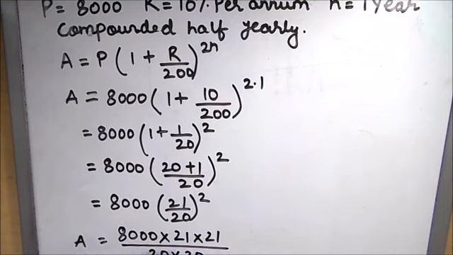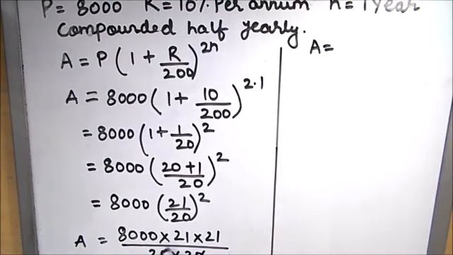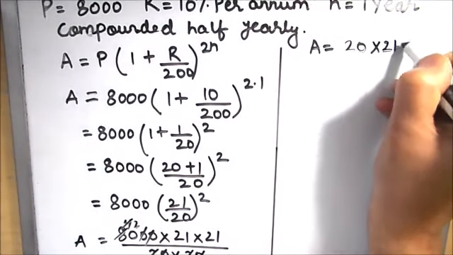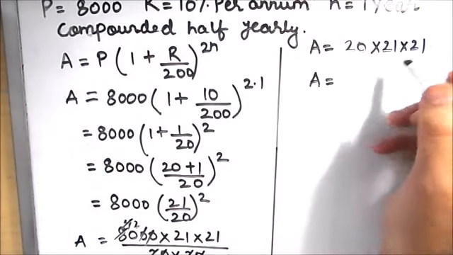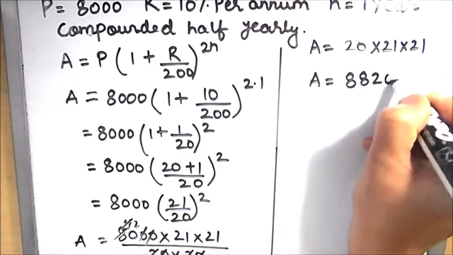This is our amount. So amount is equal to, these zeros get cancelled, 2 times 4 and 2 times 2, so this will be 20 times 21 times 21. Amount will become 8,820 rupees.